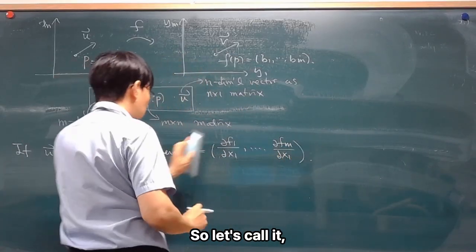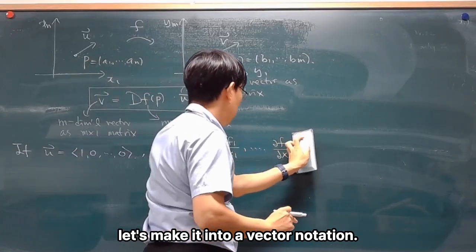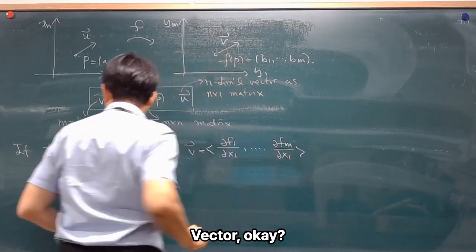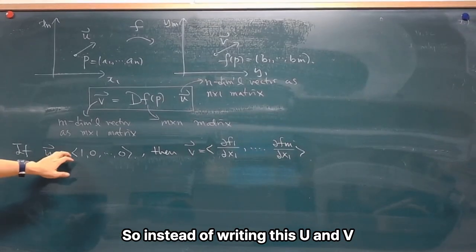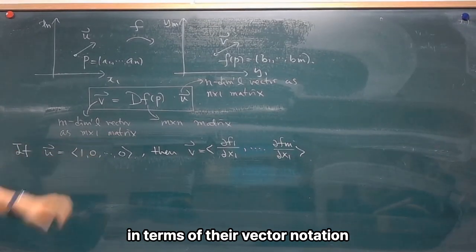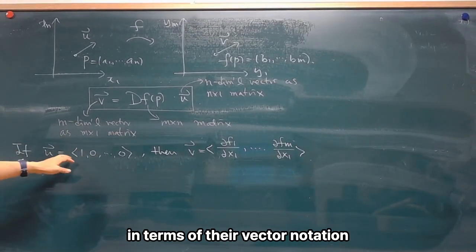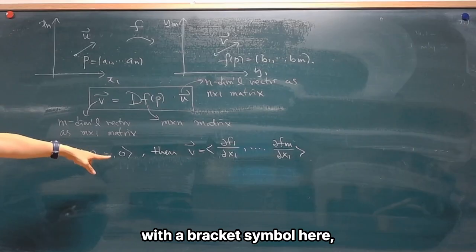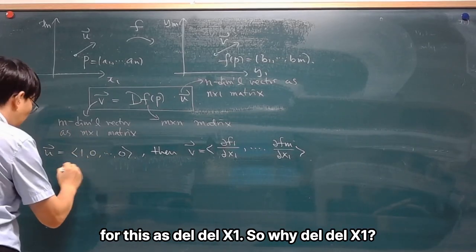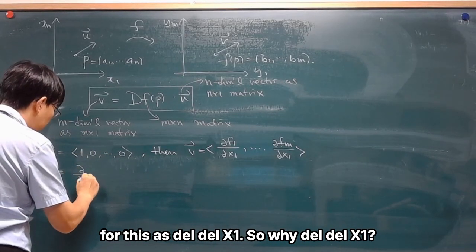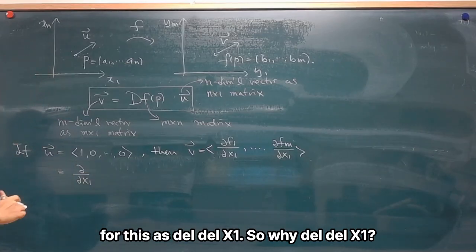So let's make it into a vector notation. And now I'm going to do something very special here. Instead of writing this u and v in terms of their vector notation with the bracket symbol, I'm going to give a name for this as ∂x1. Why ∂x1?